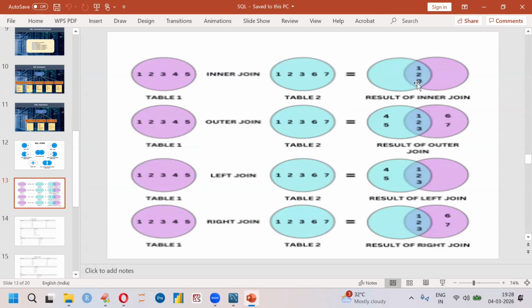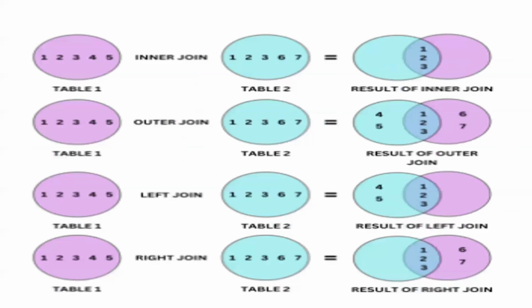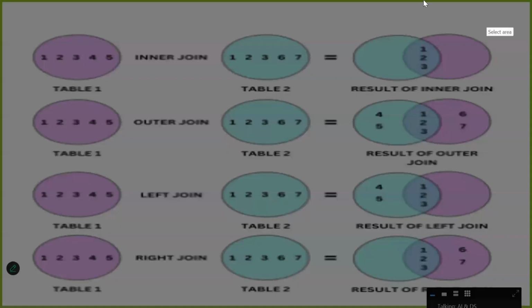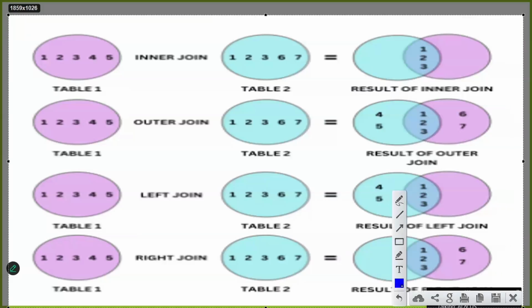Inner join. If you see here, what is this inner join? I have a table with records 1, 2, 3, 5.